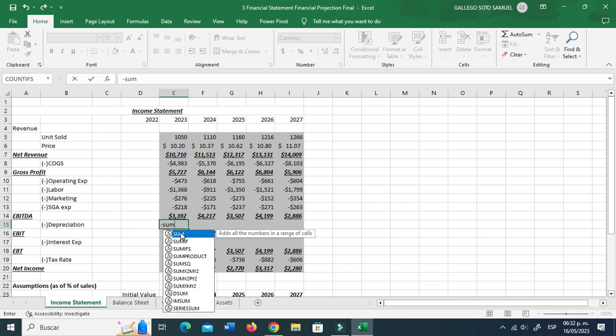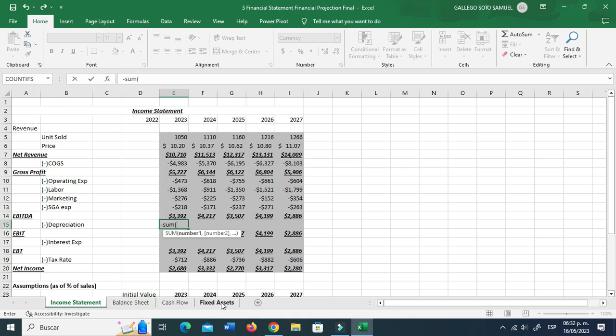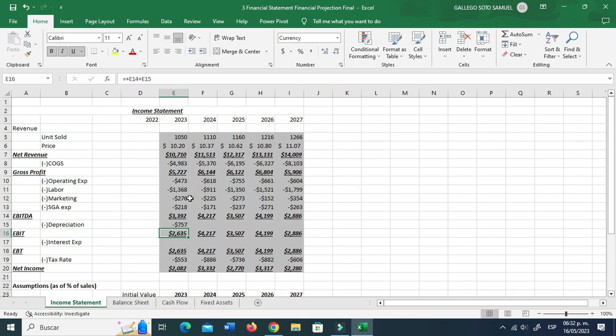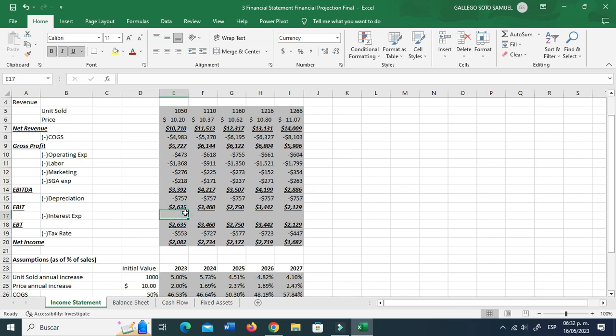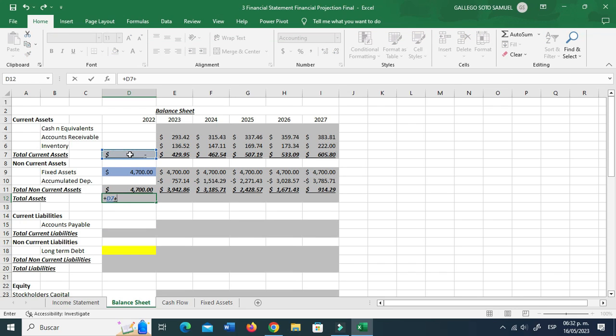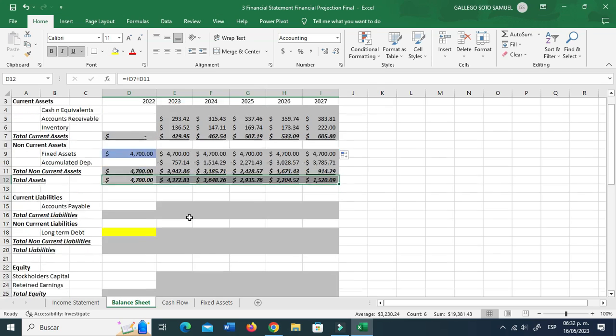So we sum this up here, we hit enter, and then we copy and we paste. All right, great. What else? Okay, so the total assets, that would be total current assets plus non-current assets, right? And drag this to the very end.